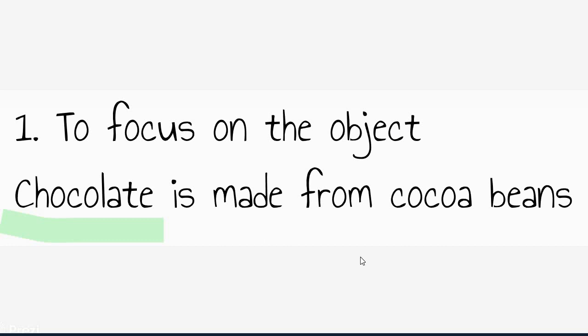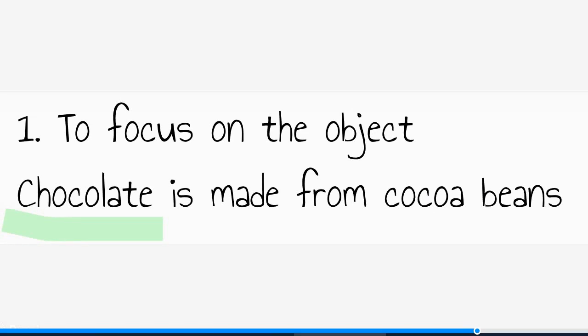When I said, cocoa beans make chocolate, the important part of my sentence is chocolate, the object. So I need to focus on the object, on chocolate. So I said, chocolate is made from cocoa beans. So why do I use the passive form? Because I want to focus on the object more than the subject.